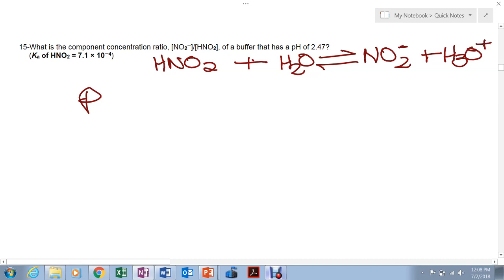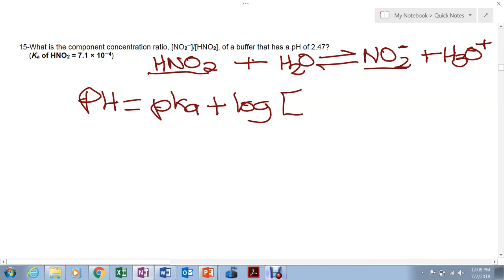So here we got that the ratio is this one divided by this one. So the pH would be the pKa of this nitrous acid plus the log of the concentration of NO2 negative divided by the concentration of HNO2.